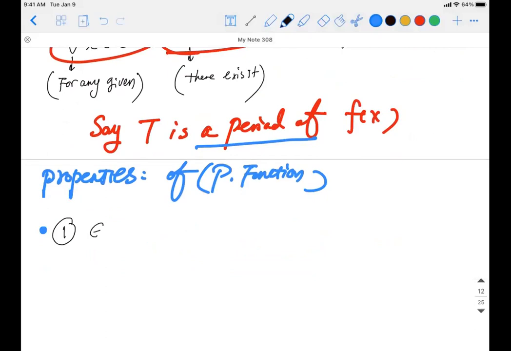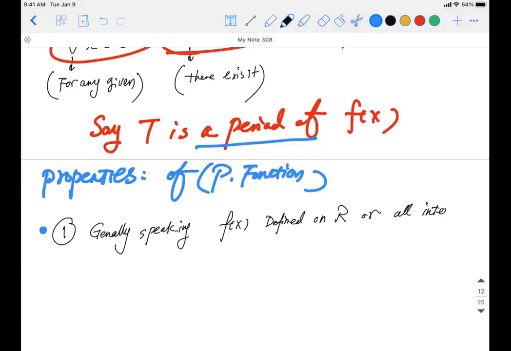Generally speaking, a periodic function f(x) is always defined on real numbers or all the integers. The domain of your periodic function should be wide enough, because you're always going to put T, 2T, 3T, 4T.